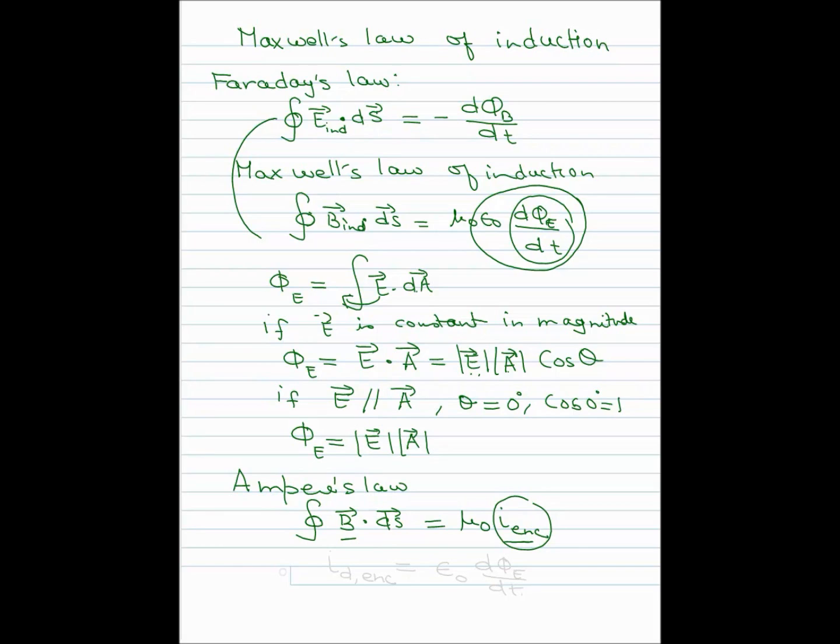And in other words, epsilon 0 dΦE over dt should correspond to some kind of fictitious current. And that fictitious current is actually called displacement current.